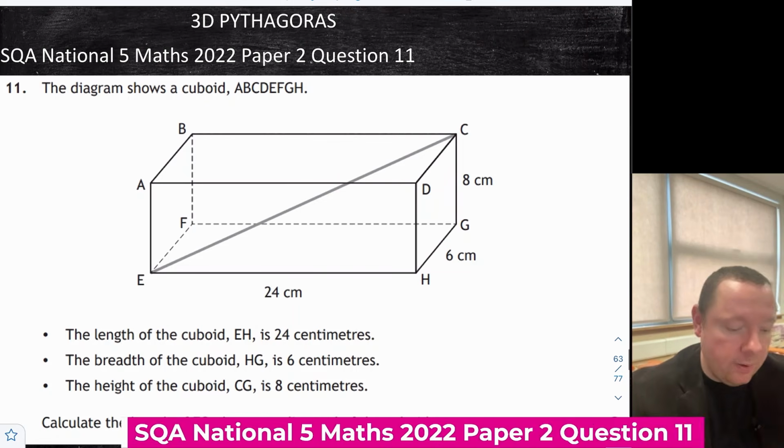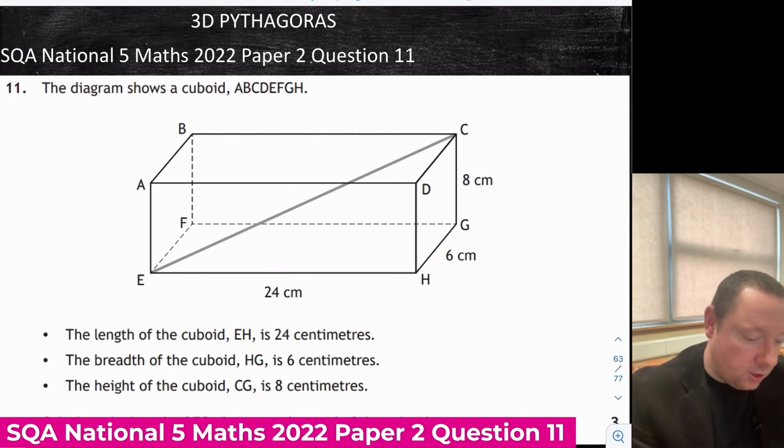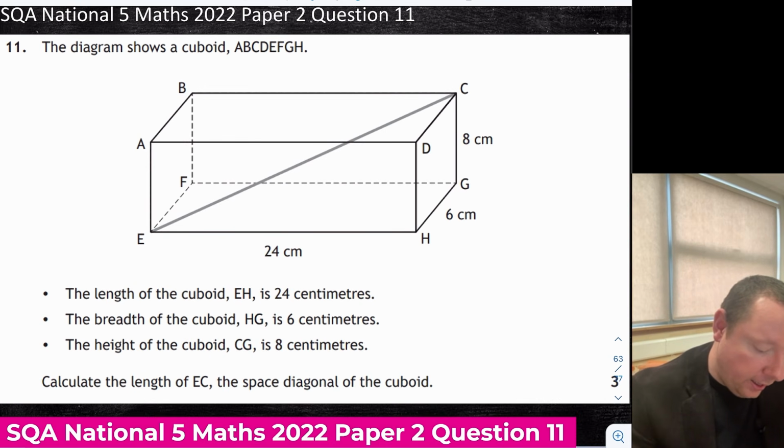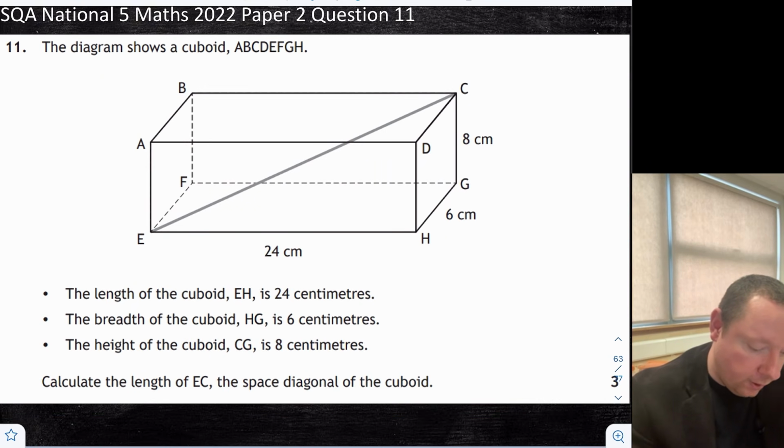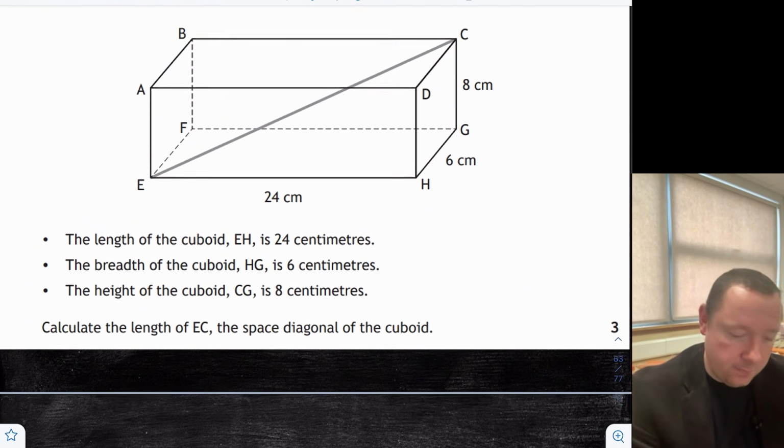And we're done. The SQA National 5 Maths 2022 Paper 2 Question 11, another 3D Pythagoras question, and it's telling us that the length of the cuboid is 24, the breadth is 6, so there's my length and breadth, and the height is 8. Calculate the space diagonal from front to back. So it's just 3D Pythagoras, 24 squared plus 6 squared, the base, plus the height, 8 squared.